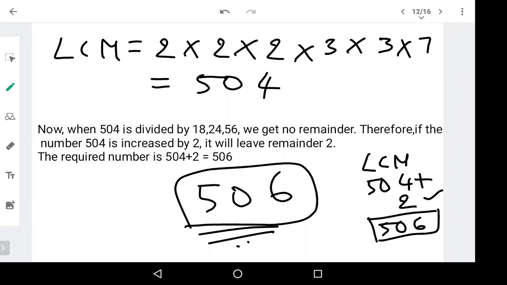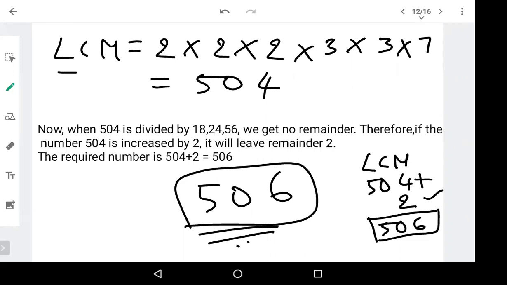Okay, in HCF, what did we do? We subtracted the remainder and then we found out HCF and then we got that number. That is how you solve under HCF. When it comes to LCM, first you have to find out LCM and then whatever remainder you want, because this is least common multiple.